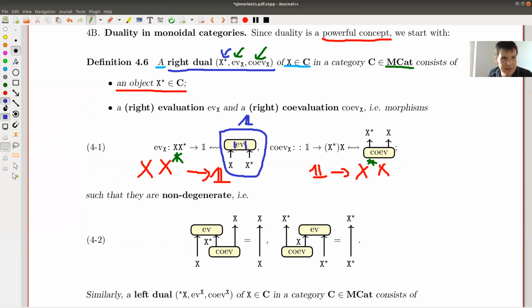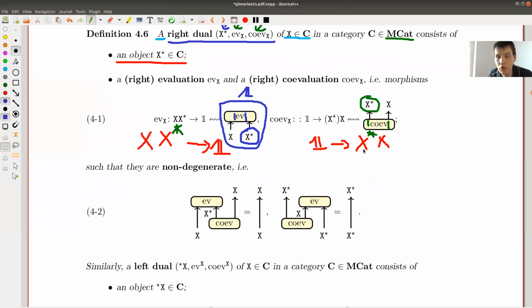Similarly, my co-evaluation is again just a box. Now it starts at the identity and goes to, remember, this is kind of the opposite: at one point the dual is to the right, and at one point the dual is on the left-hand side.